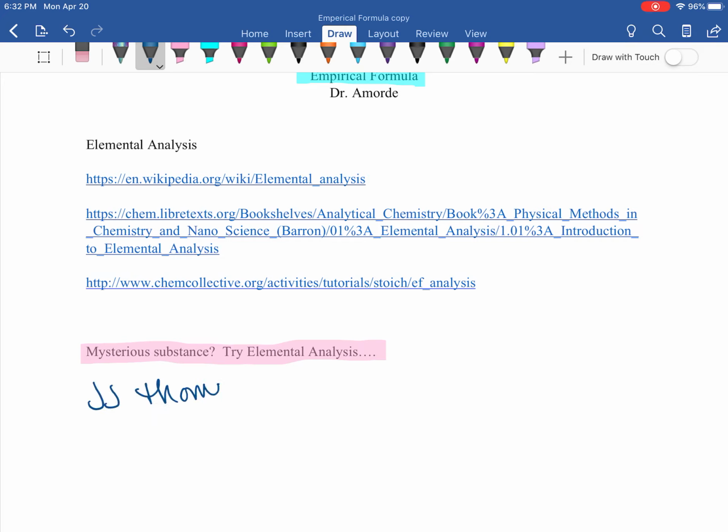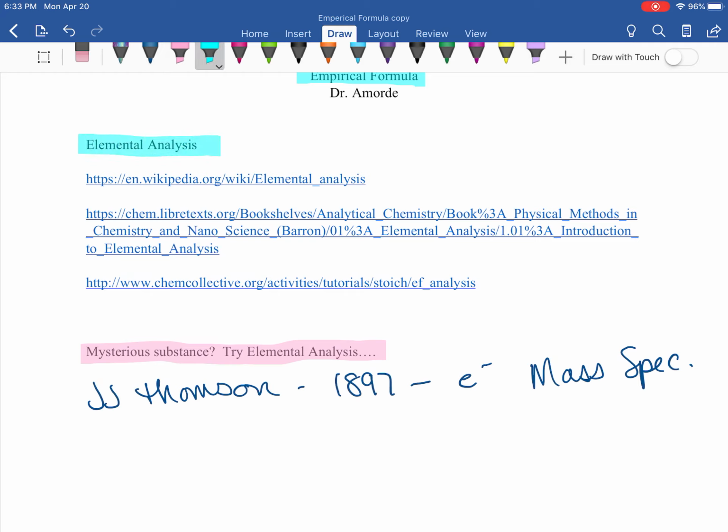that substance. And if we go all the way back to our history days and we look at J.J. Thomson, back in 1897, when we talked about the history of the electron, that was J.J. Thomson and the cathode ray tube. And we also had some handouts in class, and we mentioned this instrument called a mass spectrometer.